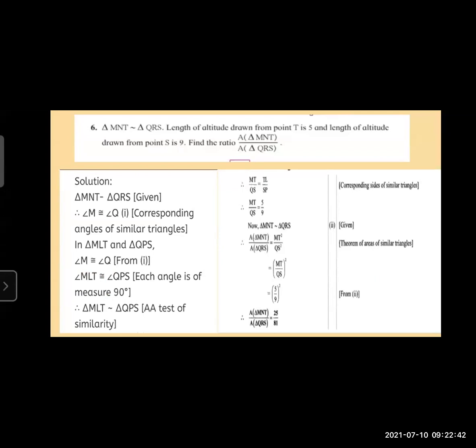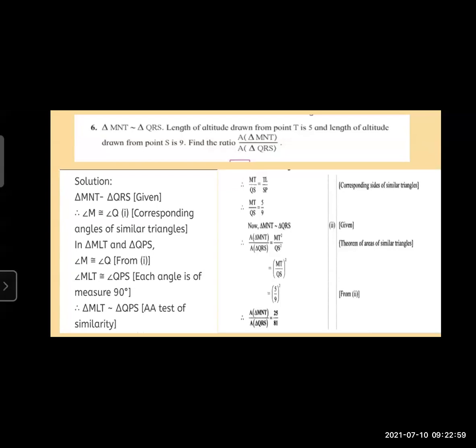Then find the ratio of triangle MNT and triangle QRS. So in this, they give these two triangles are similar. Which two triangles? Triangle MNT similar to QRS.